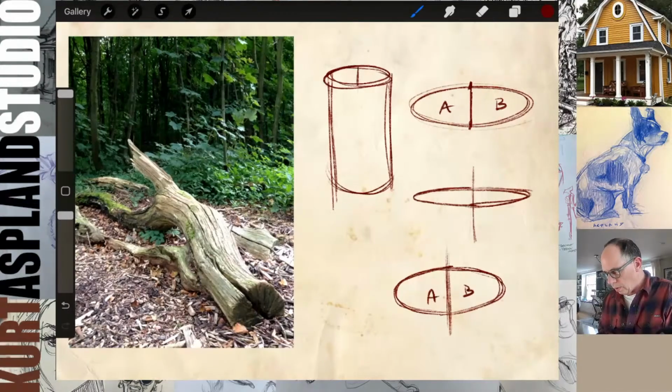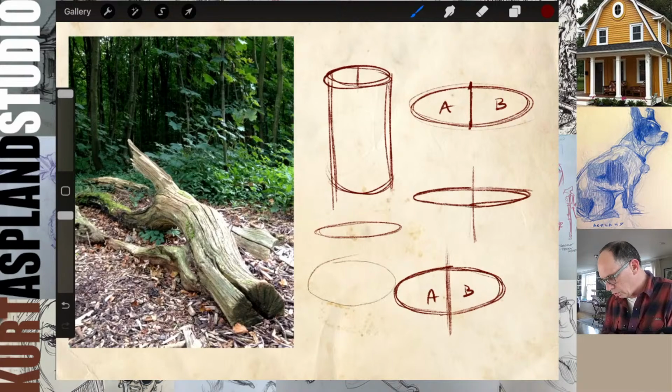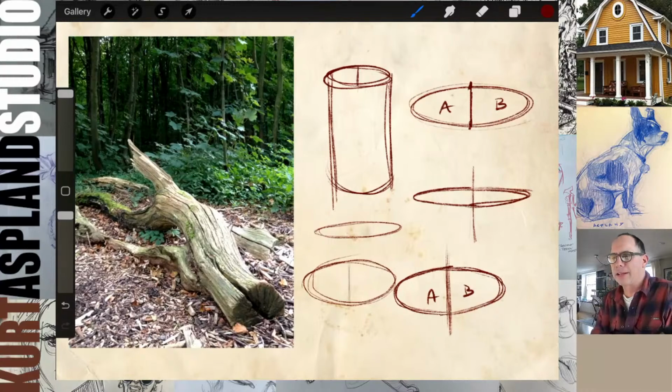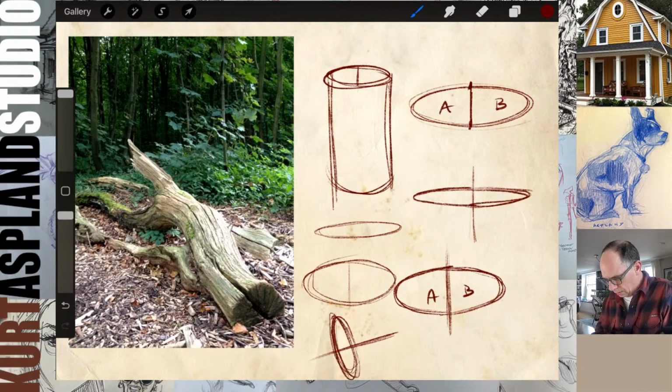Now I want to get to a point where I could just draw ovals without drawing that minor axis. Whether I draw them large or small, I always want to keep this minor axis in mind and make sure that they're reflective. Now, you might have a scenario where the minor axis is running this way. So we just change the angle of our oval to be, again, reflective, A and B. The thing you don't want to do is draw it like this.